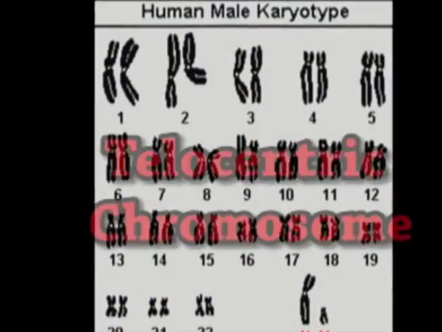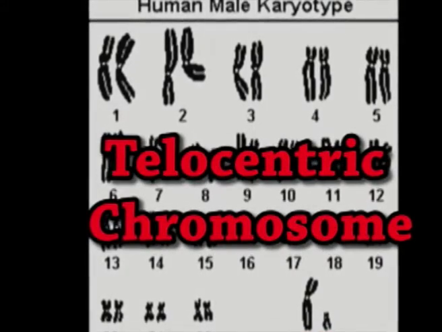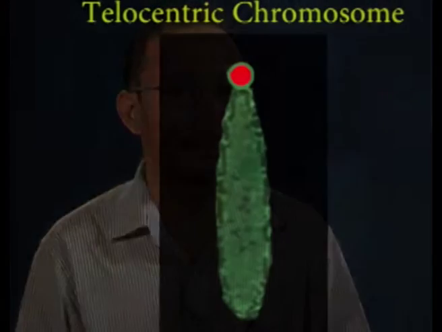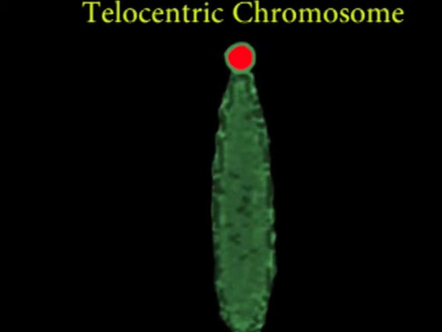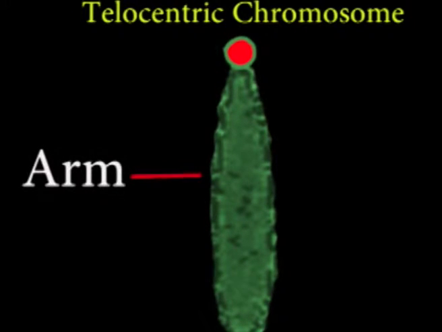Then finally we have the fourth type of chromosome, that is telocentric chromosome. Here in telocentric chromosome, centromere is strictly terminal. That means chromosome has only one arm, the terminal part being the centromere. So these are different types of chromosome based on the position of centromere.